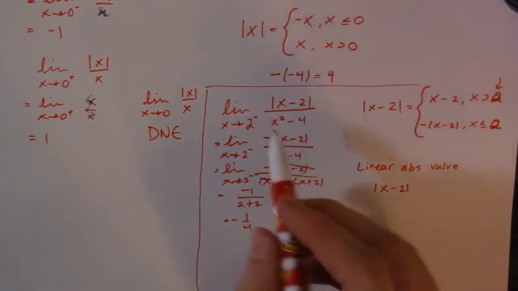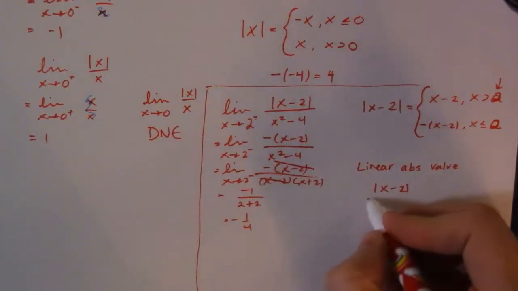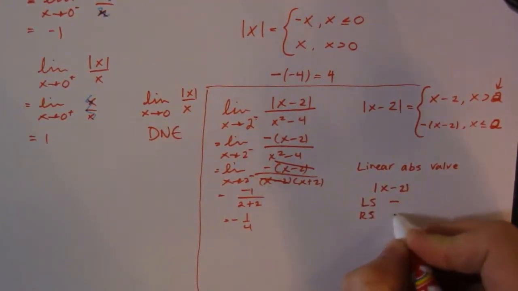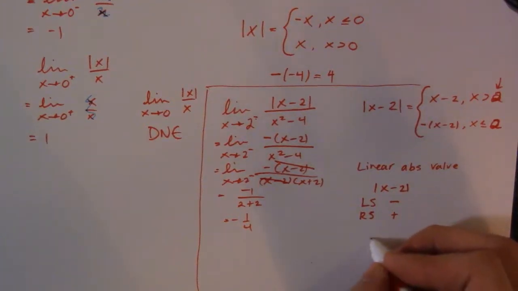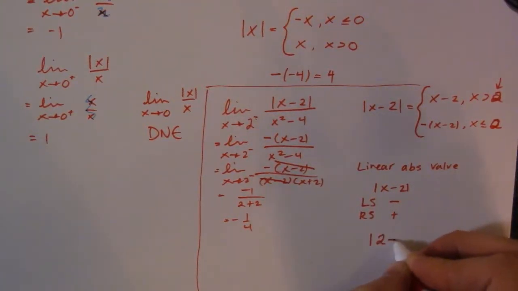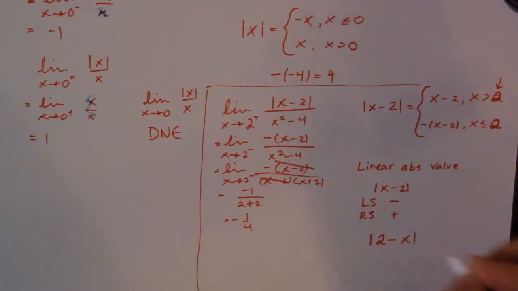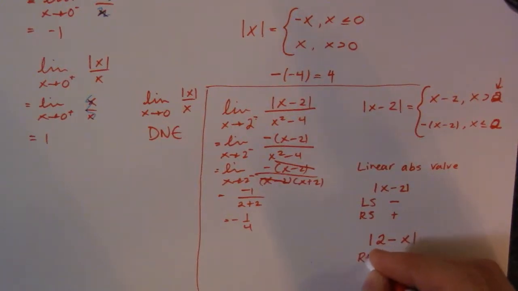So if I have from the left side, I choose the negative, right side, I choose the positive. Now the only other scenario is if it's like this. So we have a negative slope. So then it's reversed. Right side, I choose the negative. Left side, I choose the positive.